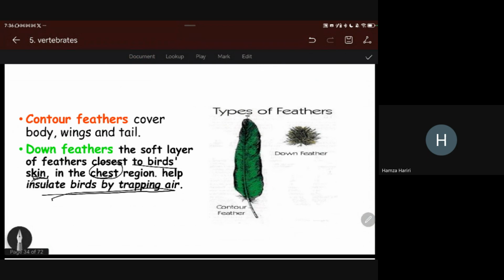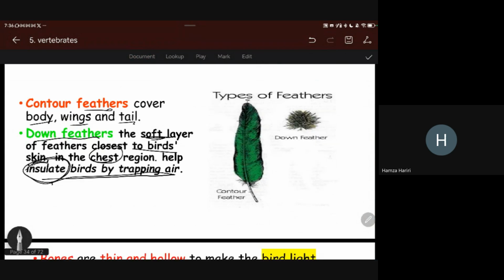So the contour feather is for the looks of the bird, and it usually covers the whole body, wings, and tail. But inside of it, we find the down feather, which is a soft layer that helps in insulation. And these are the looks of it.